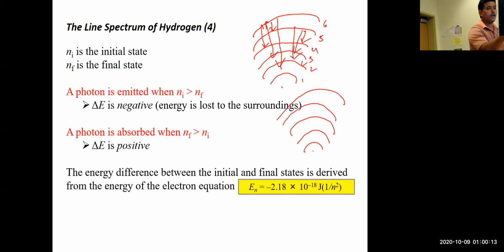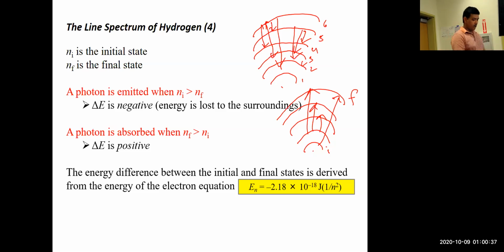So this, for example, should be the initial state. It goes from initial state to final state. So energy is absorbed, or it can go from this initial state to this final state, or this final state. Then a photon is absorbed.